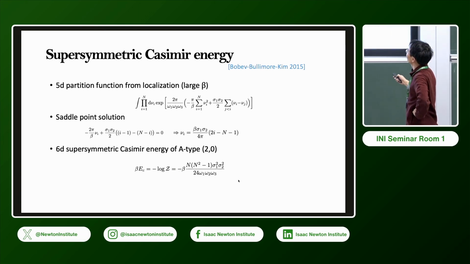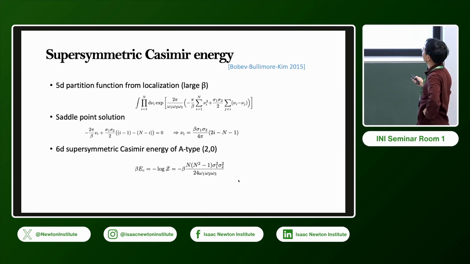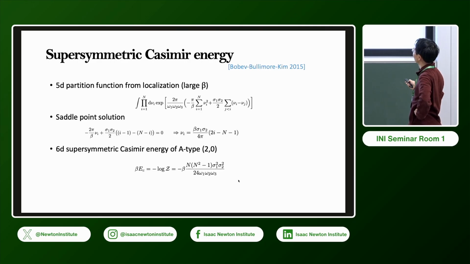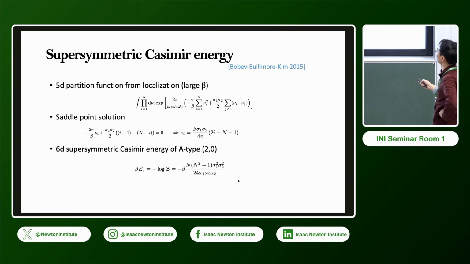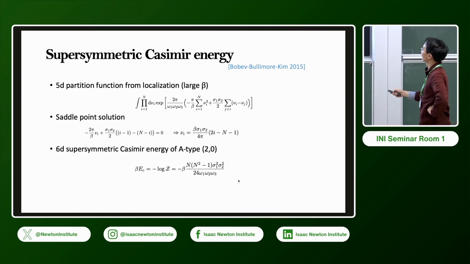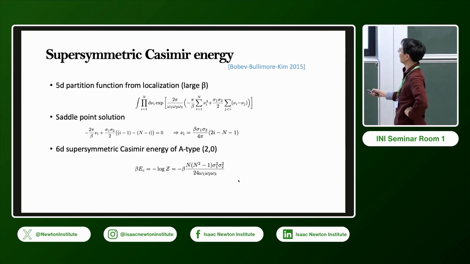Then the calculation at large beta just reduces to the calculation with Yang-Mills coupling squared going to very large, from the 5-dimensional point of view. You can take that limit in the localization calculation. Then you simply get the matrix integral in this form. Then you can use the saddle point method to solve this matrix model. Then you eventually get this beta times E_C.